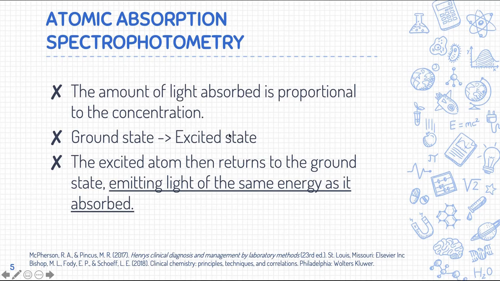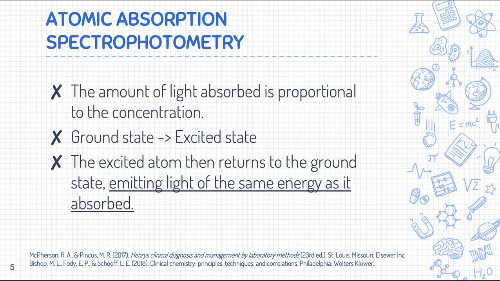And as you all know, when you are in an excited state, you will be shifting back to your ground state. That is what happens to your atoms as well. They will be returning from the excited state to their ground state, and in that process they will be emitting light.